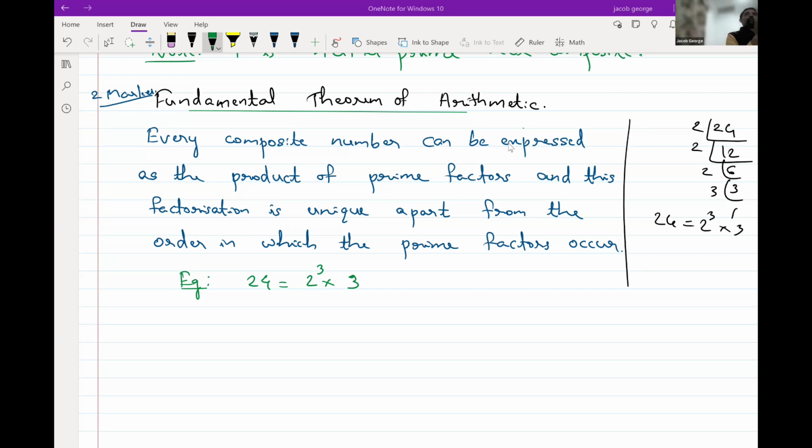This is a unique way of expressing the factorization. Study, take a few seconds and study.